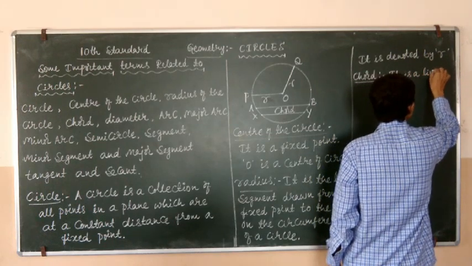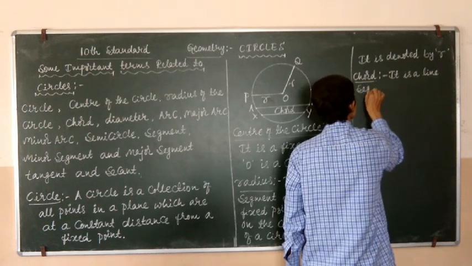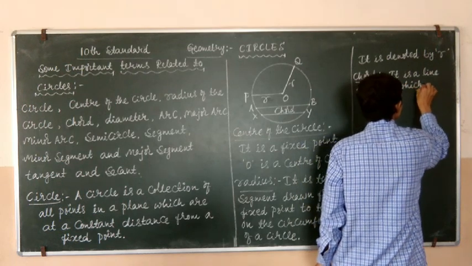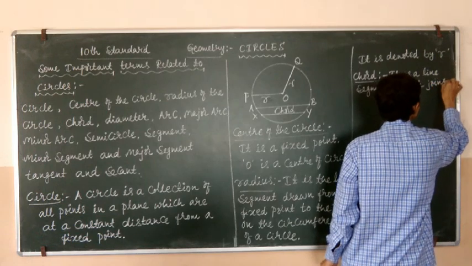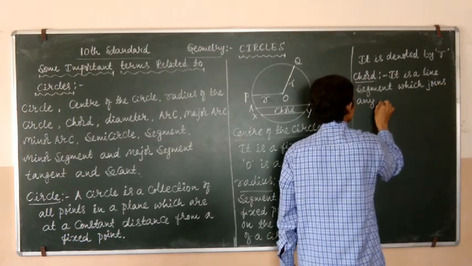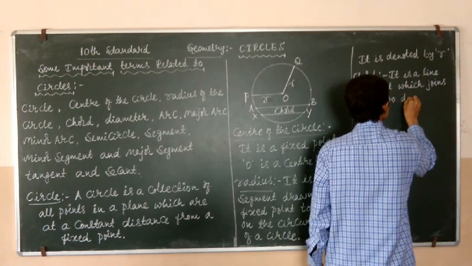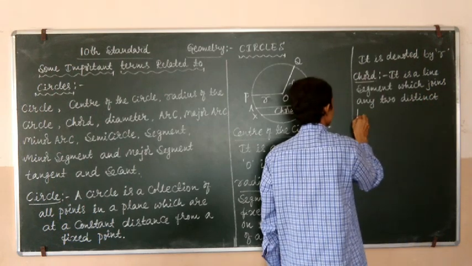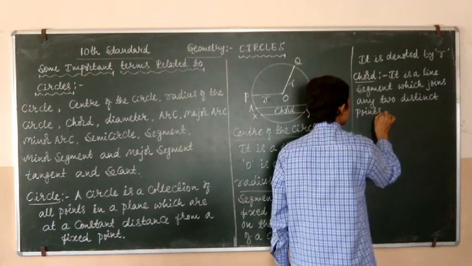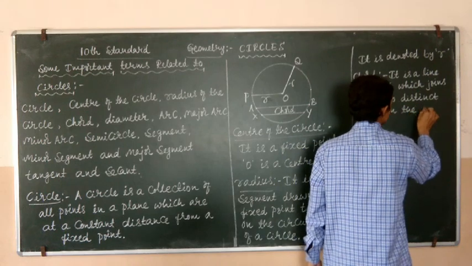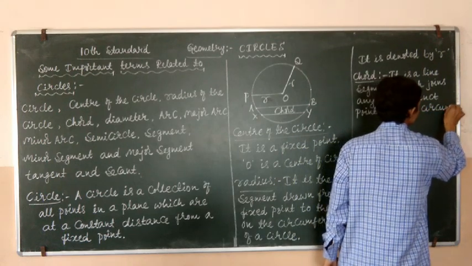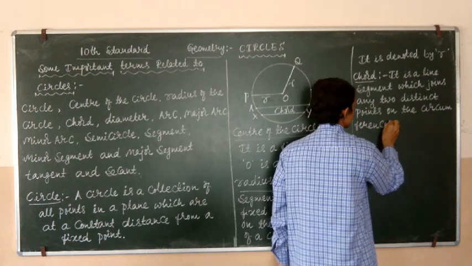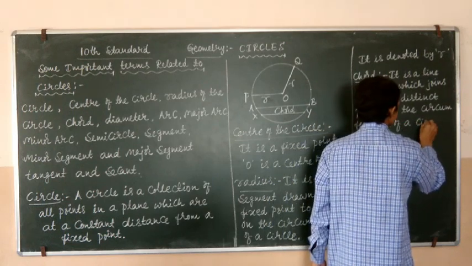It is a line segment which joins any two distinct points on the circumference of a circle.